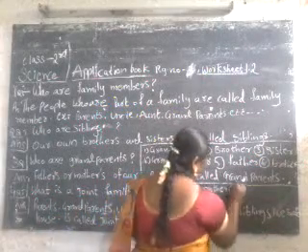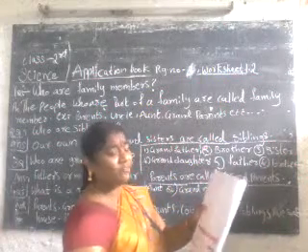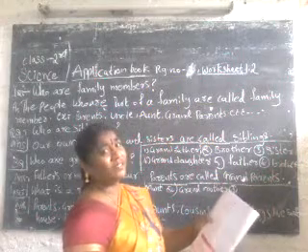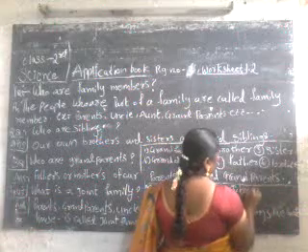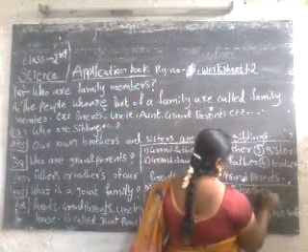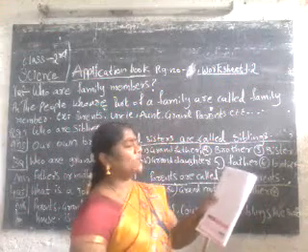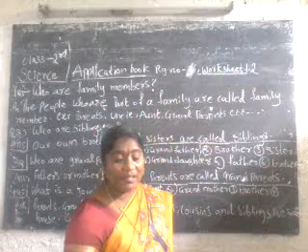Third one, son of Zoya's mother. Son of Zoya's mother. What? Brother. Yes. Fourth one, daughter of Zoya's aunt. What can we call her?